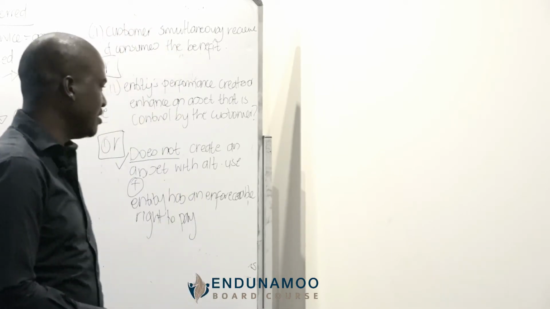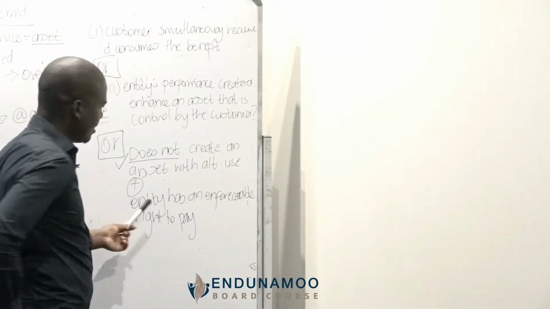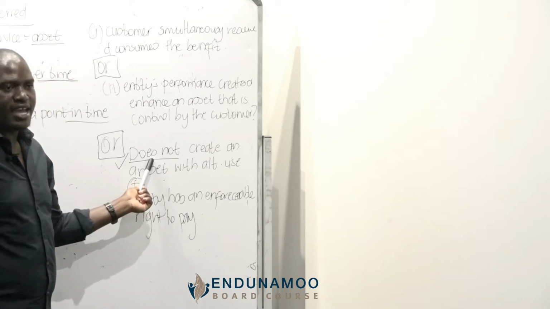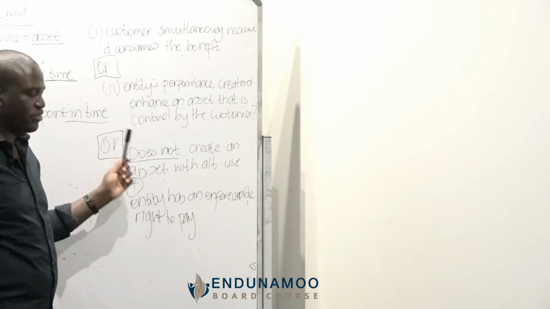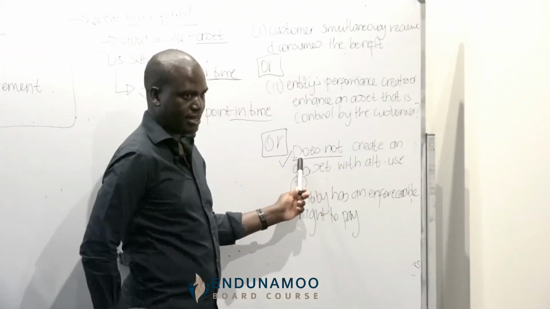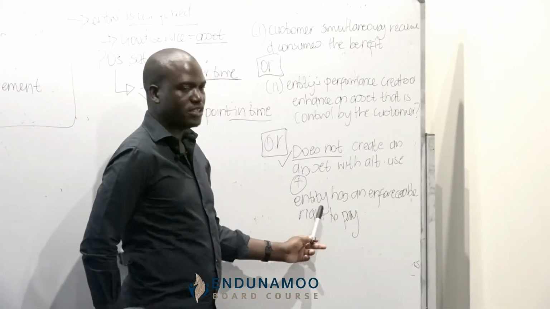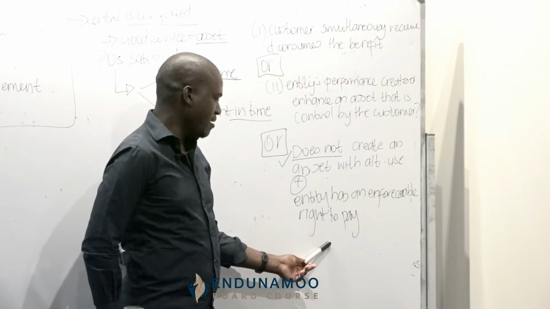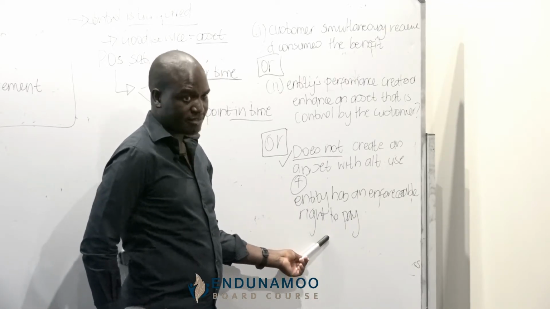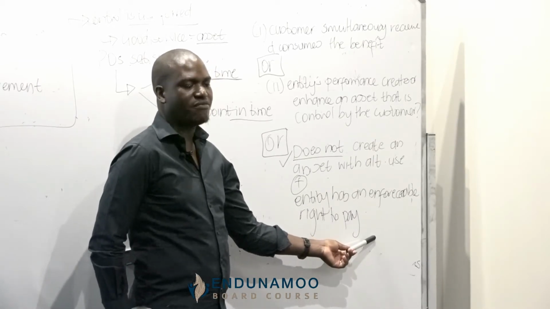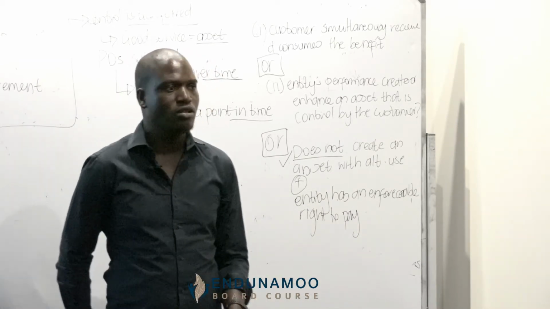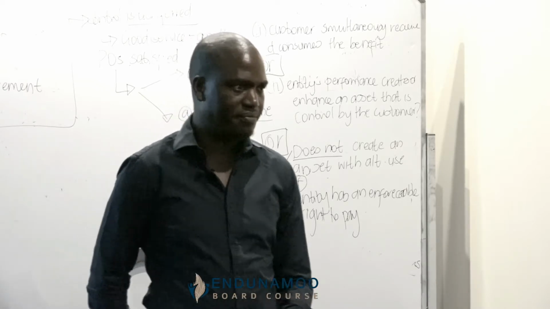So that means for number 3, does not create an asset with an alternative use. Tick. Does it create an enforceable right to payment? Are we able to demand the market-related price for the uncompleted asset or are we able to recover our cost plus a reasonable profit? Is that clear?